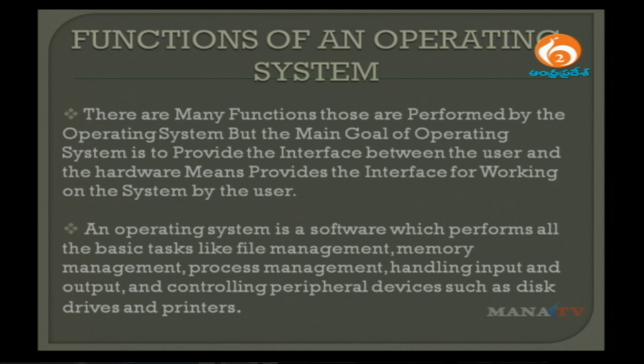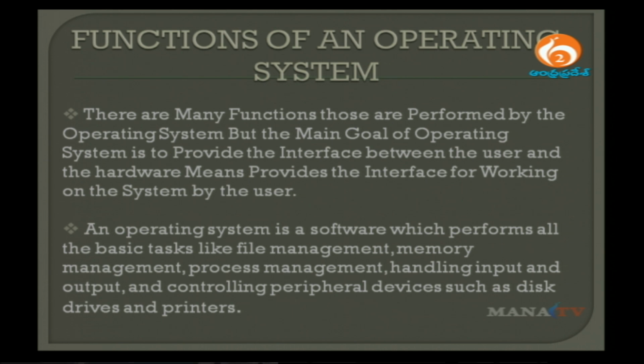Alright, now when I speak about the functions of the operating system, we already spoke about it the other day, but I only want you to remember that the most important thing you will find in an operating system is the relation between the user and the hardware, that is, the computer.